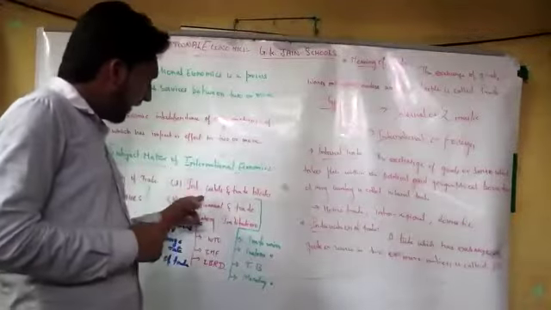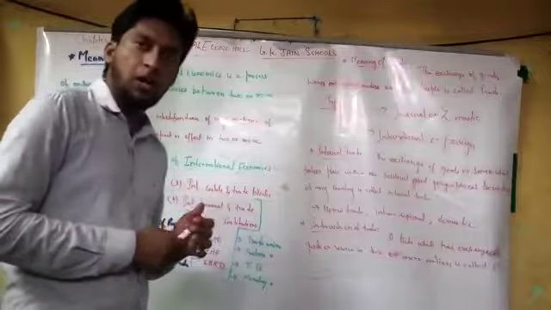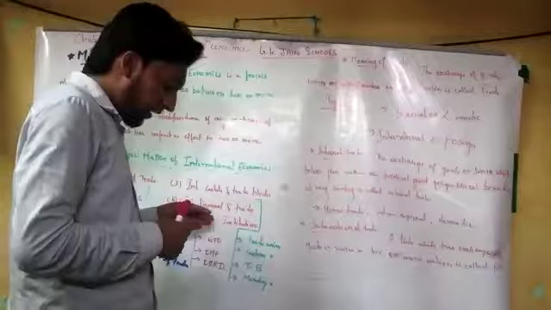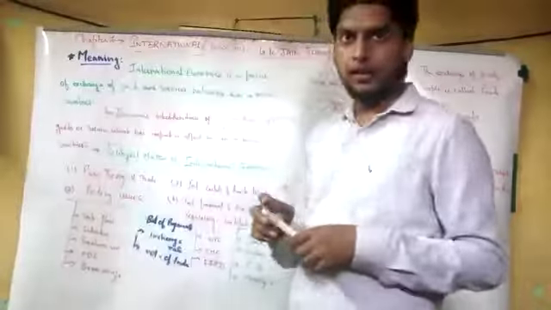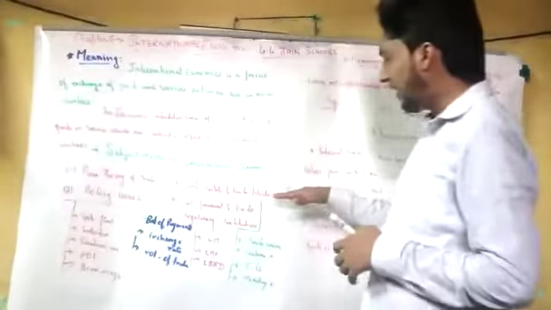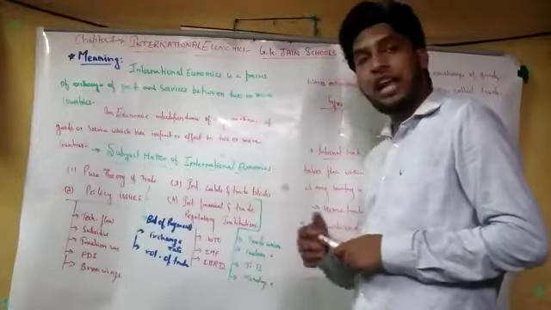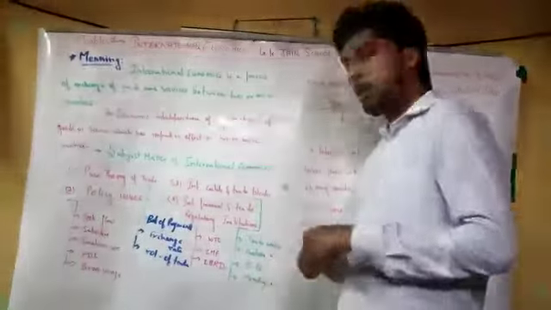Apart from that, we have international cartels and trade blocks. The international cartels and trade blocks are what? It's something where we are facing a lot of trouble in day-to-day life. In international cartels, we have trade unions, customs unions, we have trade blocks, we have monetary unions.